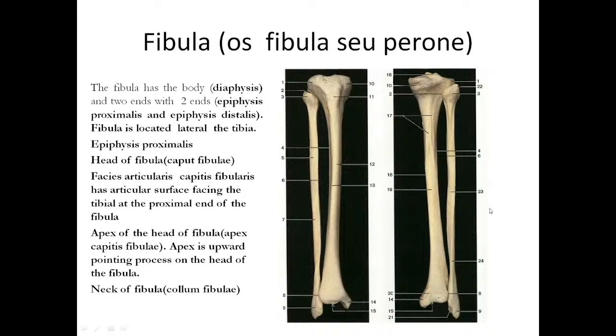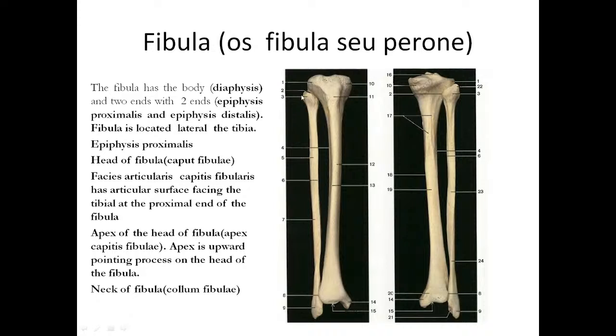Next, the fibula. You see the fibula. The fibula has a body and two ends: the proximal end and the distal end.